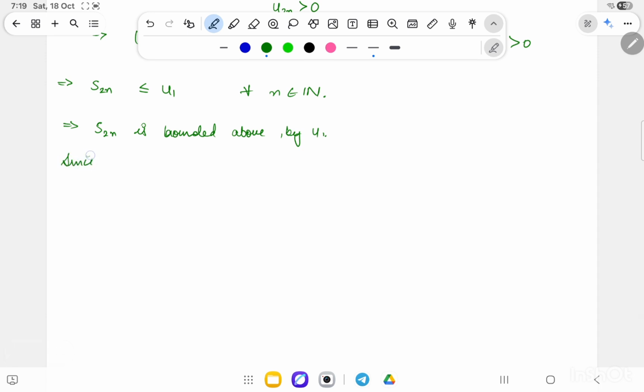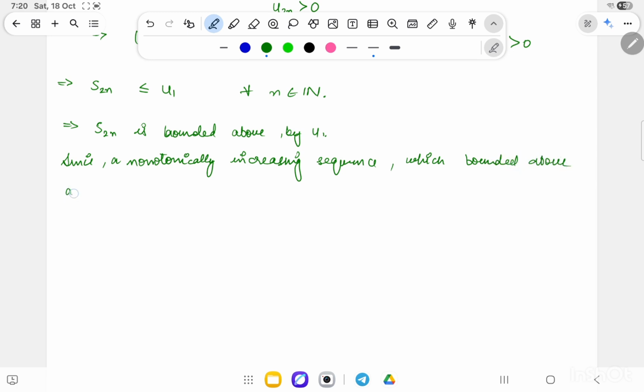Since a monotonically increasing sequence which is bounded above as well is convergent, we can conclude that our s2n is a convergent sequence.